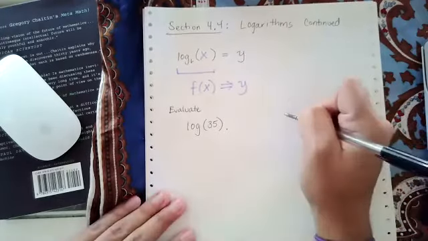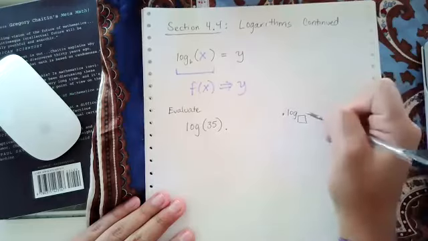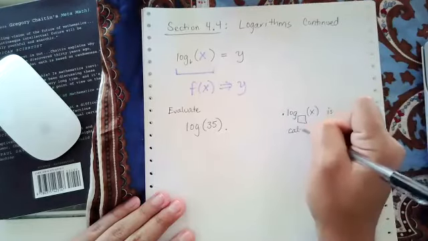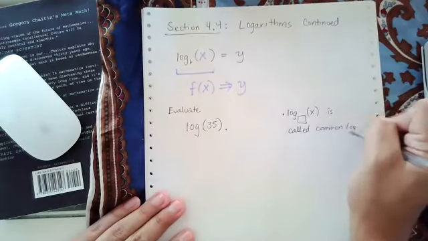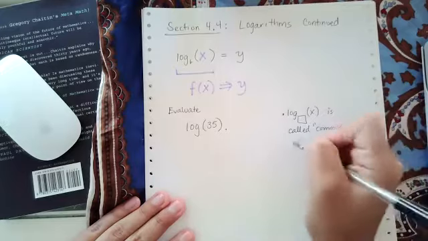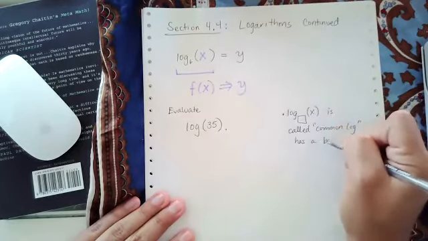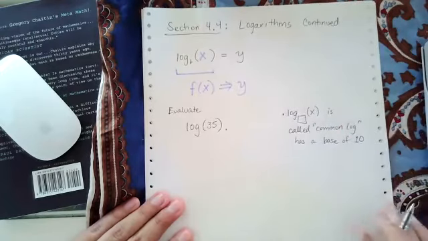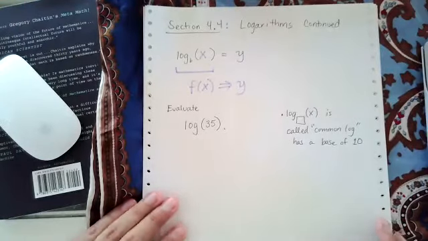And one thing is that log where you don't have a base is called the common log. And the common log has a base 10, which is supposed to be understood, but never gets explicitly stated.